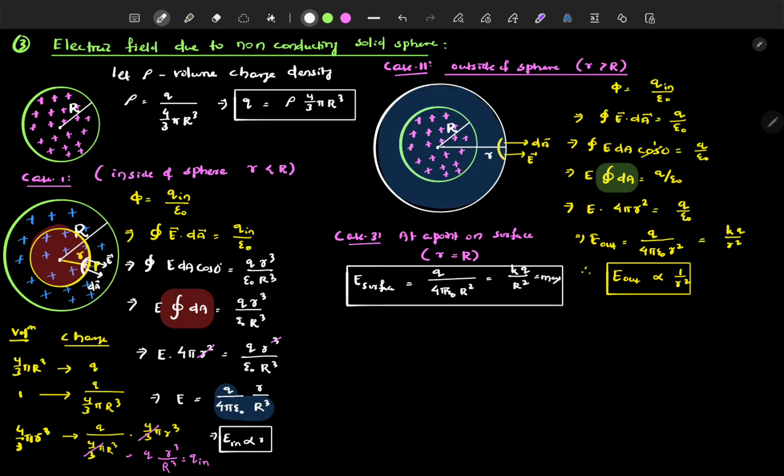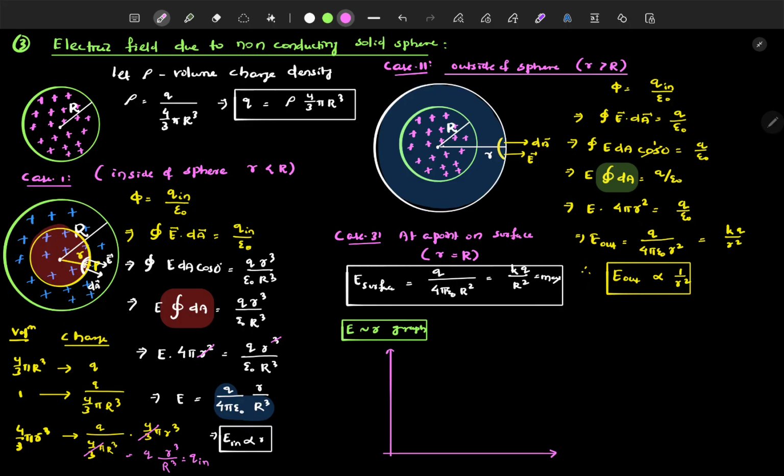Next, we draw the E versus R graph. In this graph we summarize the whole thing. In the case of E inside, we came to know E inside is proportional to R. Let this be small r equal to capital R, and this is your center.